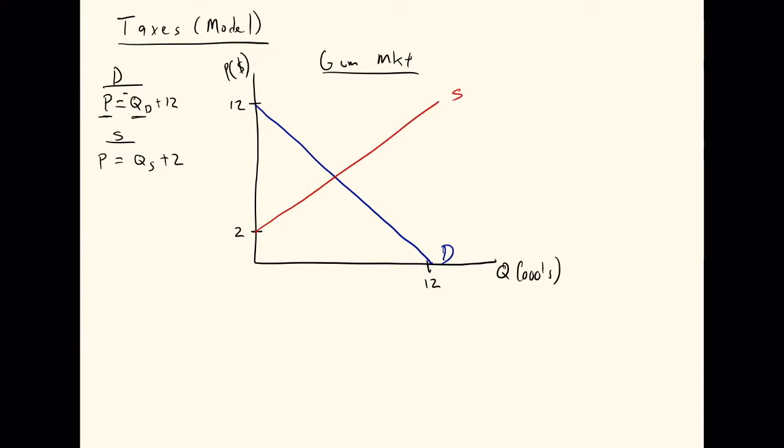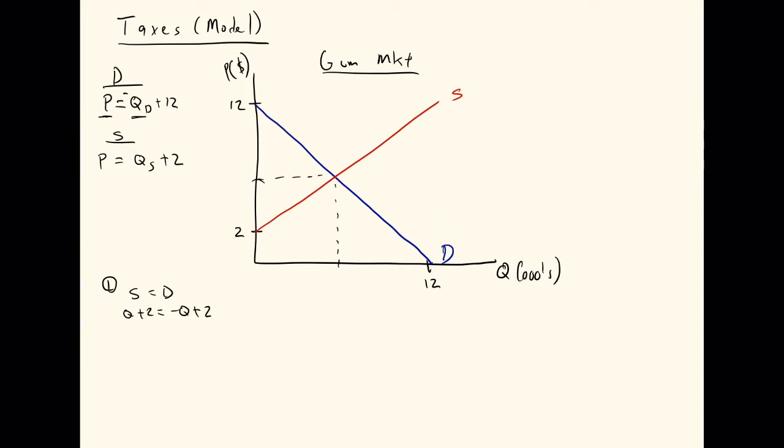Now this is going all the way back to some of our first lessons, but the first thing we want to do is figure out what this equilibrium point is. To do that, we set supply equal to demand. So in this case, Q plus 2 is equal to negative Q plus 12.